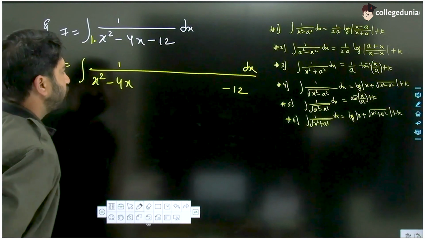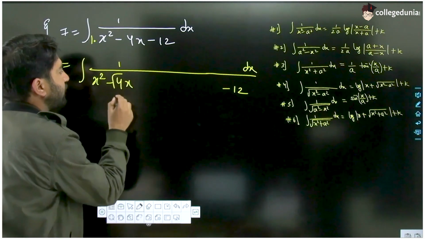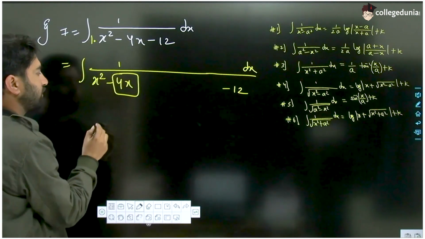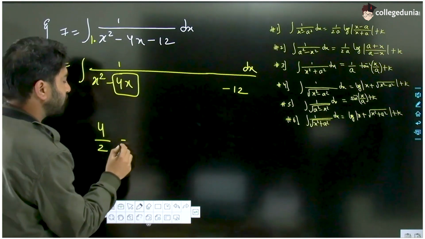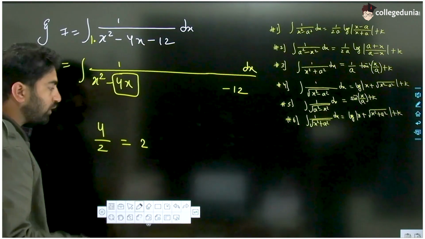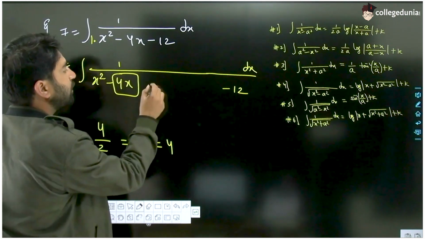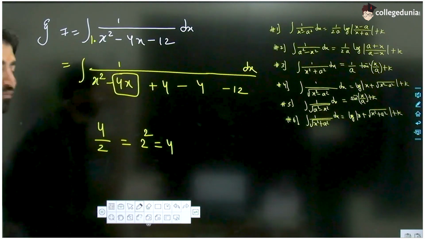Okay, so guys, what is the coefficient of x? Just look at this 4x. The coefficient of x is 4. Now this will be halved, which is 2. Now what is the square of 2? You will say, sir, this is 4. This 4 will be added and subtracted in the denominator.